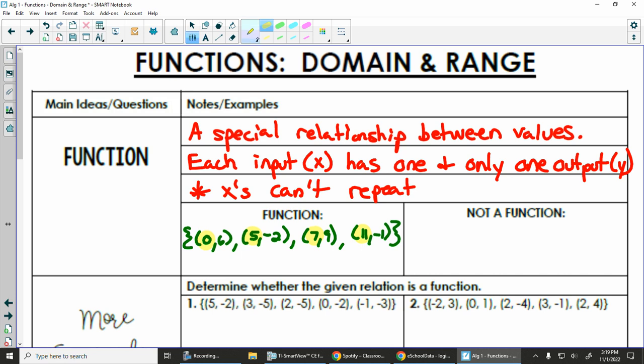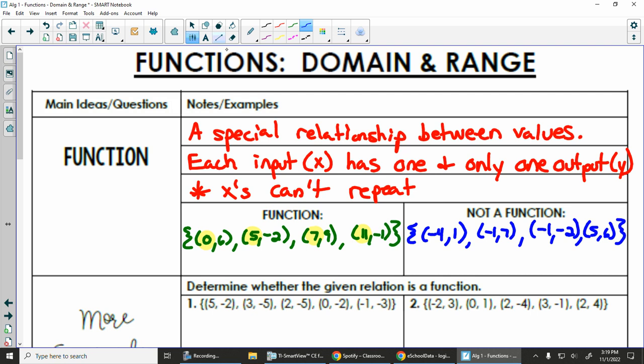Whereas, let me give you a different example in the other box. Say I gave you these ordered pairs: (-4, 1), (-1, 7), (-1, -2), and (5, 6). Now I take a look at these x's.